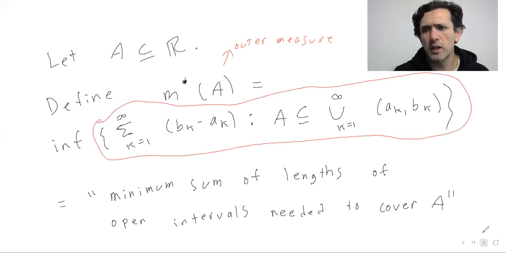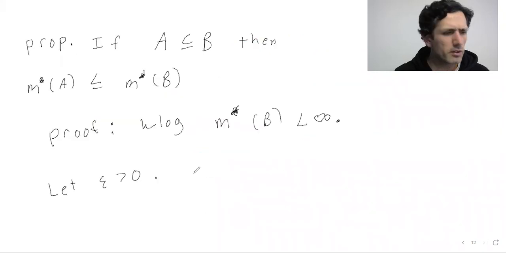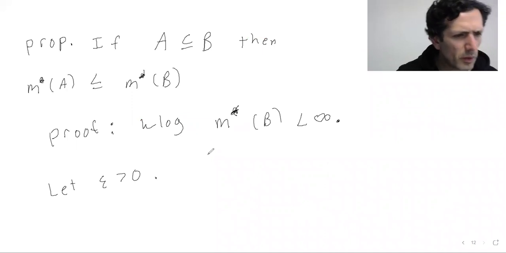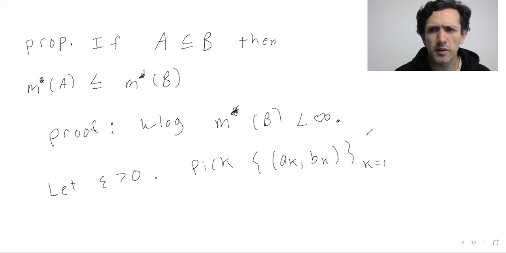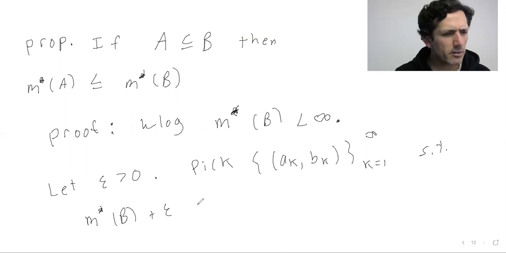Really B, so let me just replace this with B. Because it's not a lower bound, by definition, we can pick a countable cover by open intervals where, again, the reason is M star B plus epsilon is not a lower bound of this red set, you can pick one of these where this is bigger than this sum.